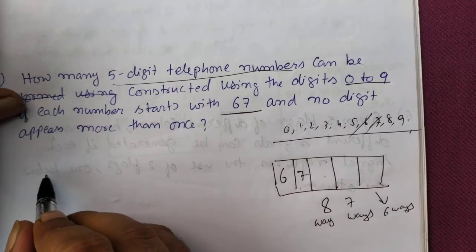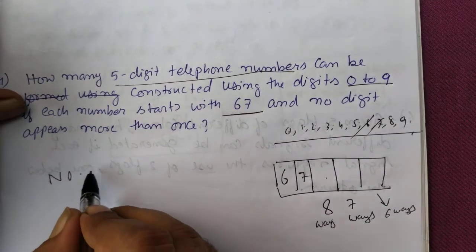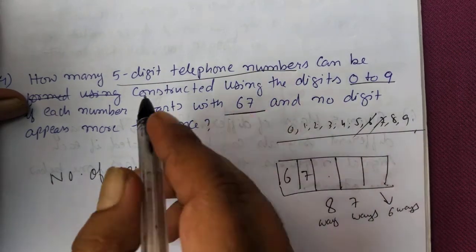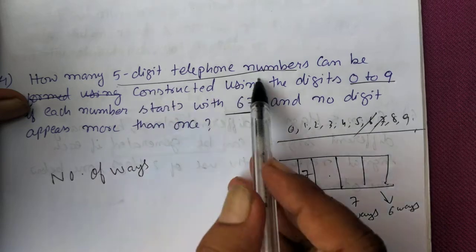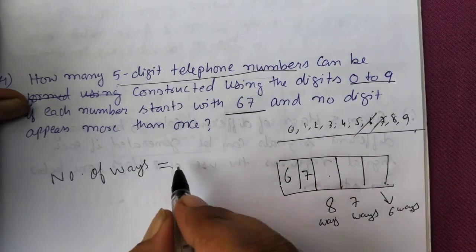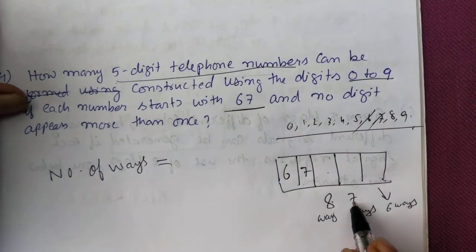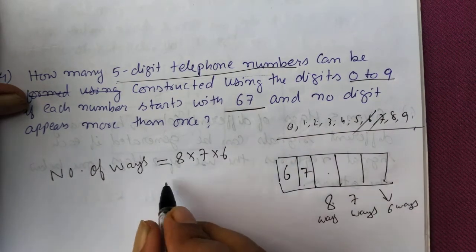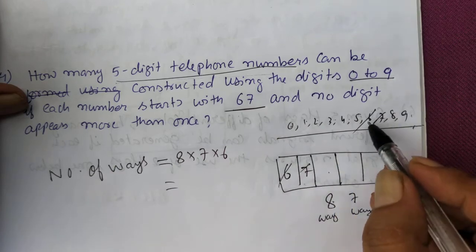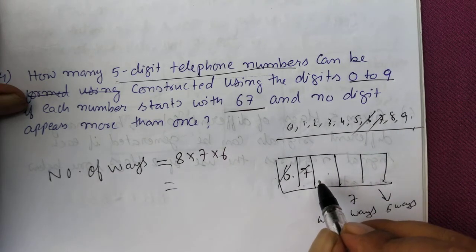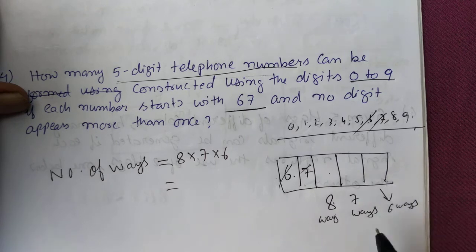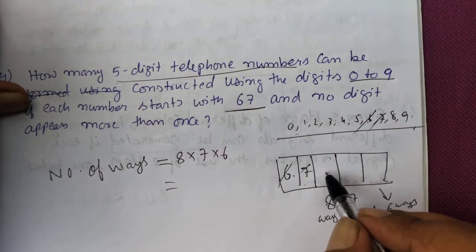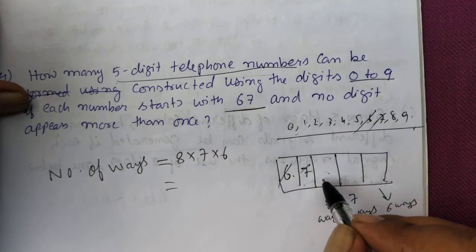So the number of 5-digit telephone numbers will be 8 into 7 into 6, because the first two are already fixed. 6 and 7 are fixed, so there are only 3 spaces. Only 8 digits are left, so I can use all the 8 digits here.